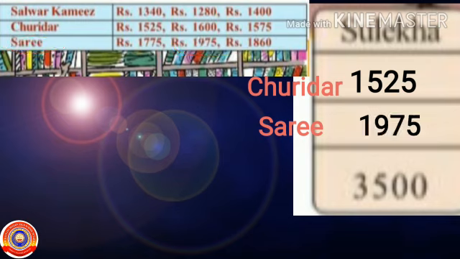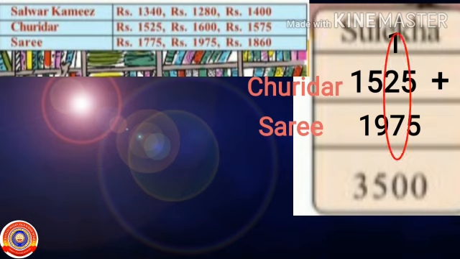Students, let's check if the amount 3500 rupees is enough to buy these 2 dresses. Okay, let's add together. 1525 plus 1975. 5 plus 5, 10. For 10, 0 here. 1 is to be carried in the tens place. 7 plus 2, 9. Plus 1, 10.